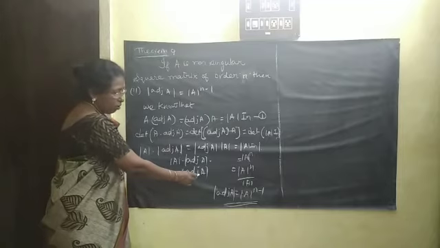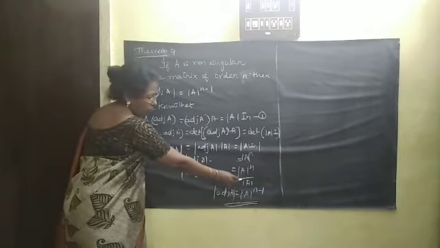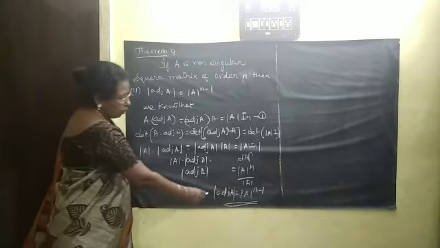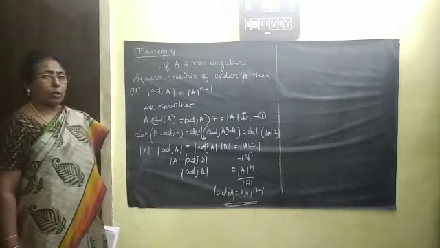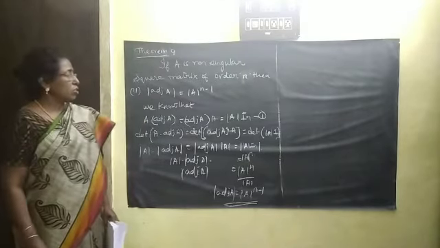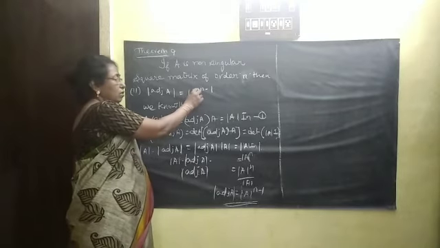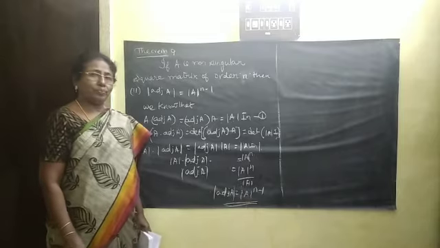Therefore, determinant of adjugate of A is equal to, take this down, so you get divided by determinant A, which is determinant A power n minus 1. Hence, we prove the determinant of adjugate of A is equal to determinant A the whole power n minus 1.